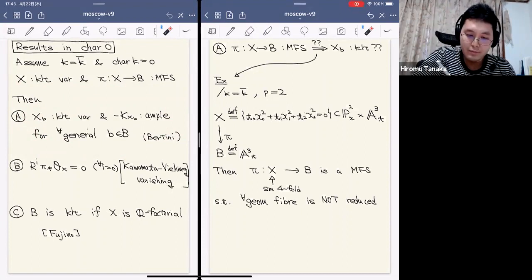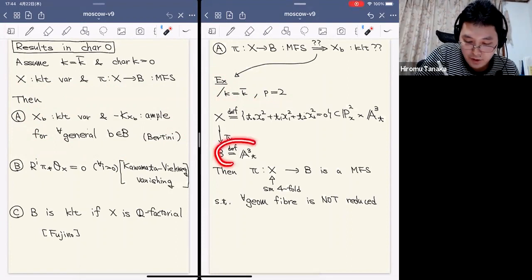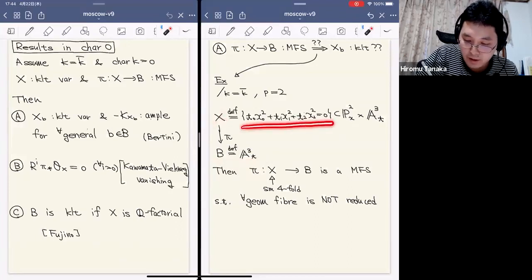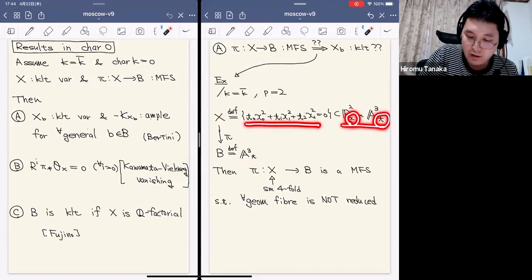So maybe the simple counterexample is as follows. We work over an algebraically closed field of characteristic 2. We first take a three-dimensional affine space, which is B, the base space, and we take X to be a hypersurface inside this direct product. We consider this direct product where T and x are coordinates like this.